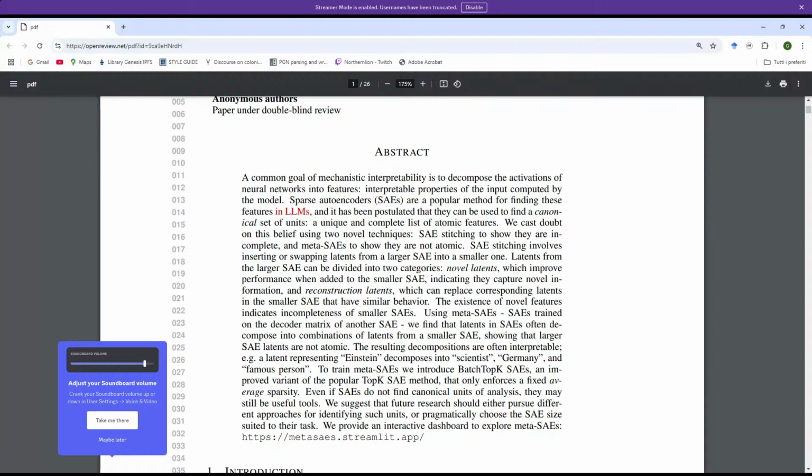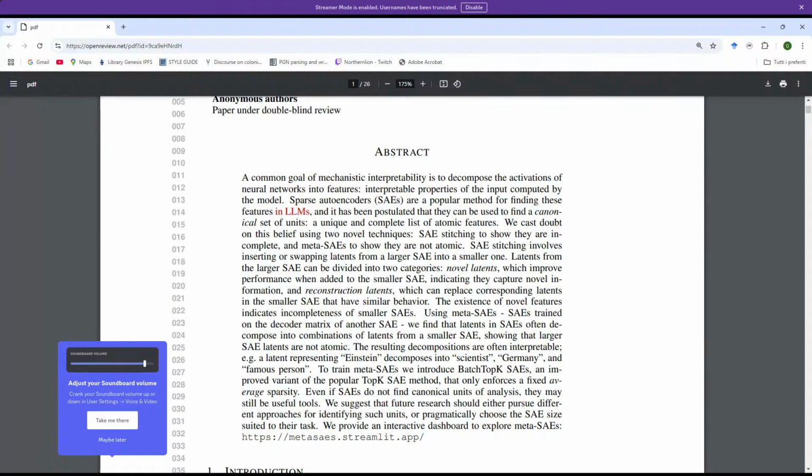To do this, they define two types of latents: novel latents, which are latents that are in the bigger SAE but not in the smaller SAE, and reconstruction latents, which are in both SAEs, and sometimes there's more than one in the bigger SAE that corresponds to a single one in the smaller one.